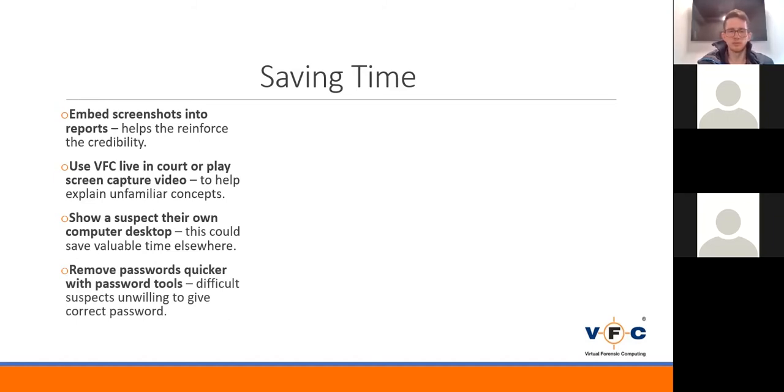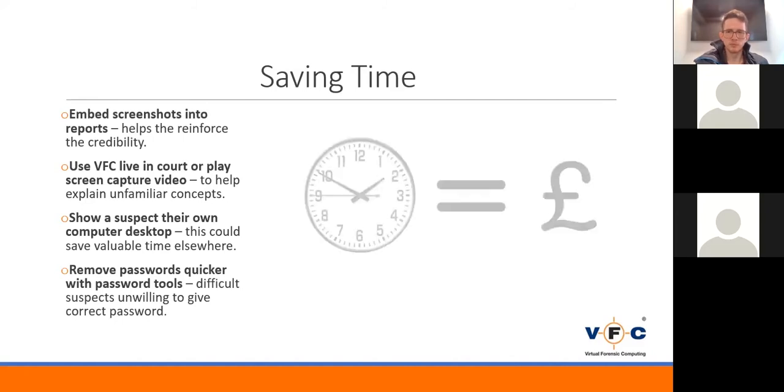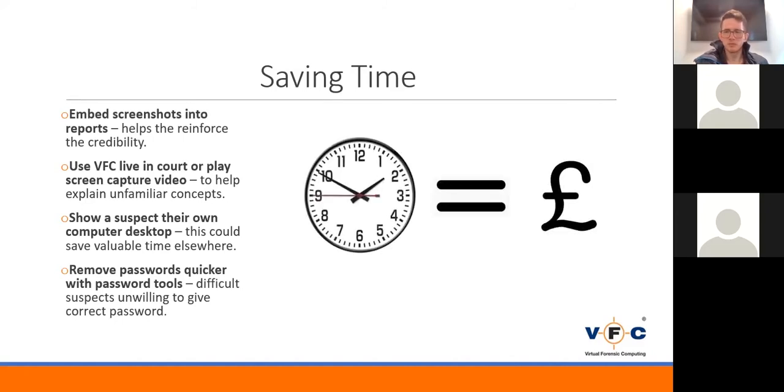Again, if you have a difficult suspect unwilling to give correct passwords, VFC will get around that with just the click of a button. And we all know that time equals money. Where you are saving those hours, those days, creating minutes instead, you are saving money in the timeline as well.